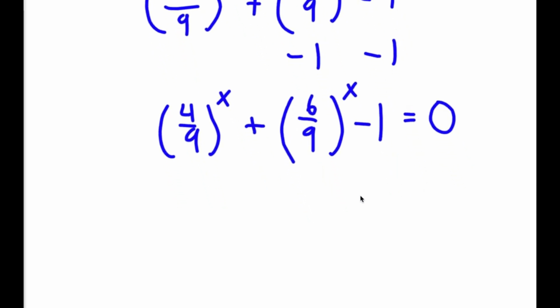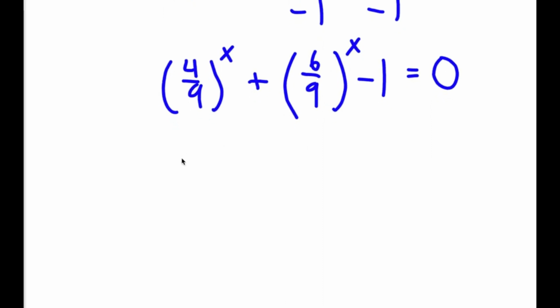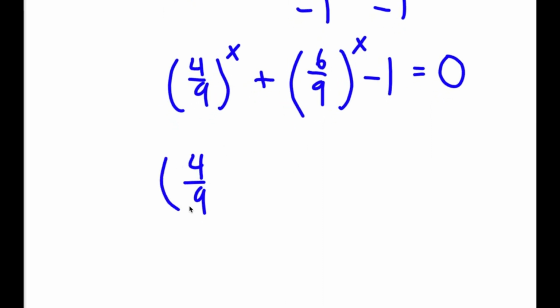Now, I can simplify 6 over 9 here. A common factor of these two is 3. So 3 times 2 would be 6, and 3 times 3 would be 9. So 6 over 9 would be simplified to 2 over 3.